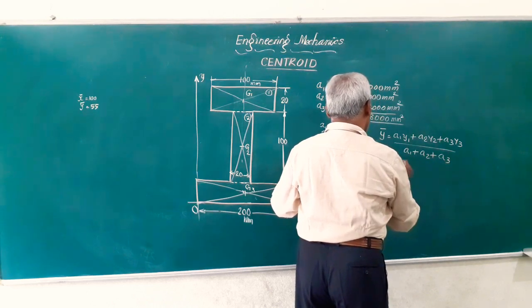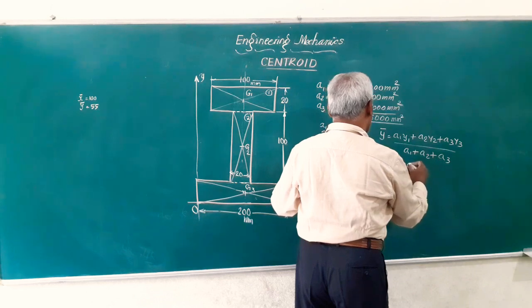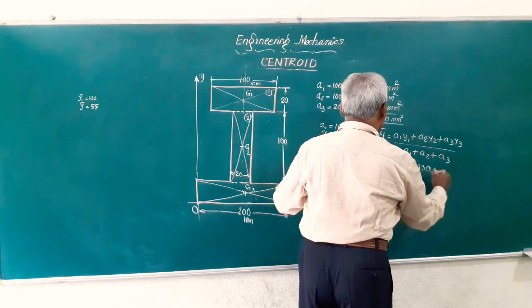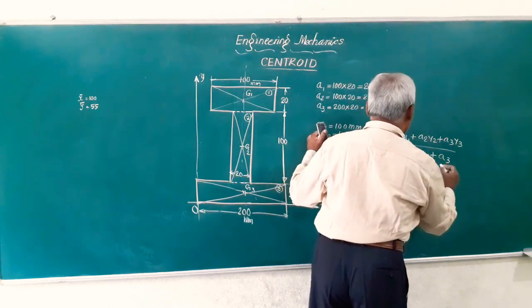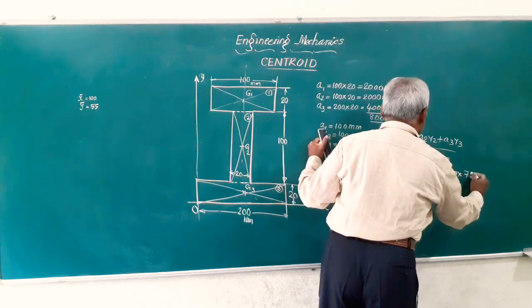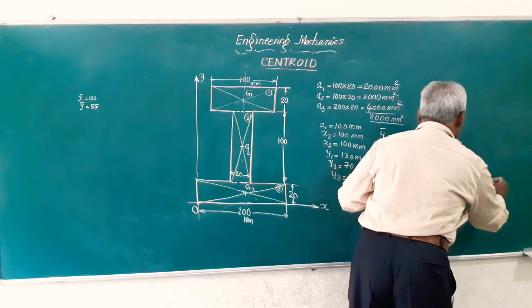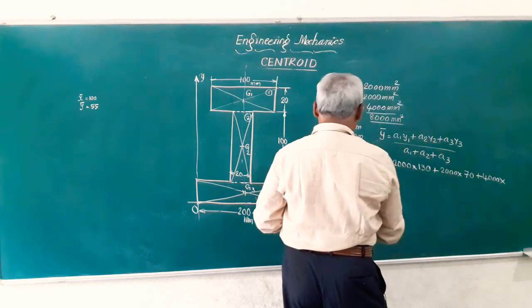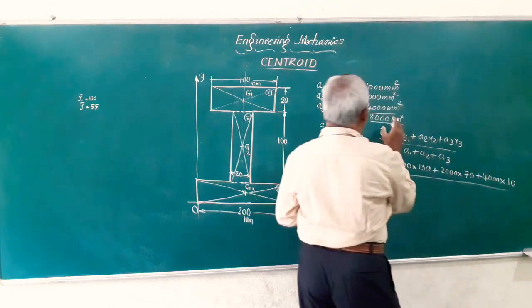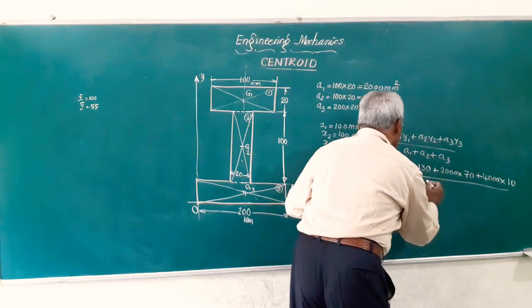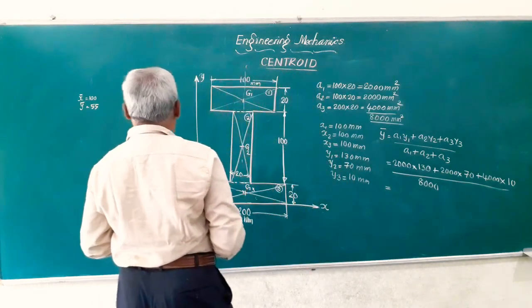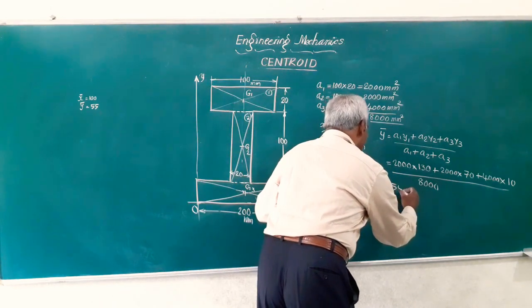So, friends, here a1 is 2000 multiplied by y1, which is 130, plus area 2 is again 2000 multiplied by y2 70. Finally, area 3 is 4000 multiplied by y3, which is 10. The whole thing divided by A1 plus A2 plus A3 is 8000 millimeter square. And if you simplify, friends, you are getting this y value, y bar, as 55 mm.